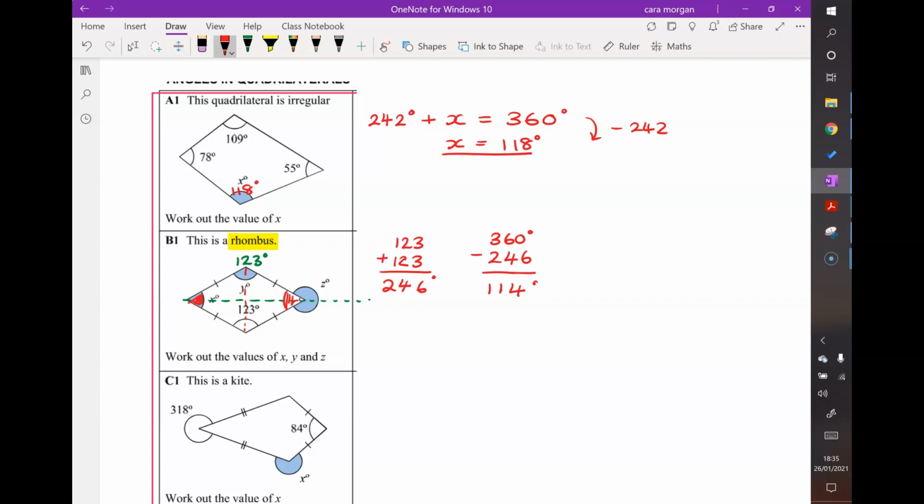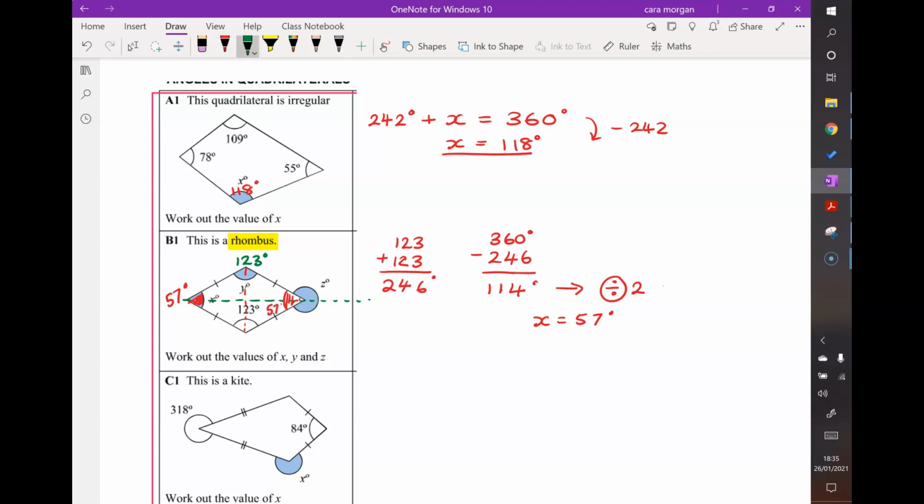Now, I've got to split that between 2 angles. So I've got to divide that by 2, which is going to give me 57 degrees. So I think X is 57 degrees, and I think the one inside the quadrilateral opposite it is also going to be 57 degrees.